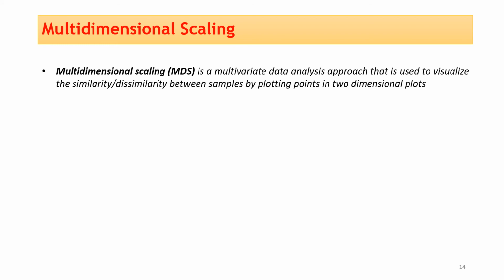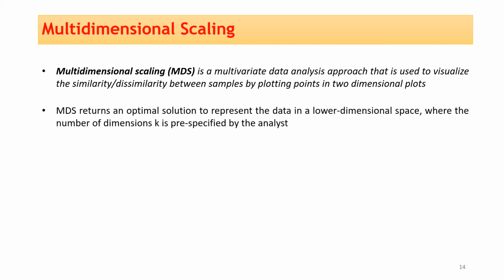Now the multidimensional scaling or MDS is the multivariate data analysis approach that is used to visualize the similarity or dissimilarity between the samples by plotting points in the two-dimensional plots. MDS returns an optimal solution to represent the data in the lower dimensional space, where the number of dimensions, that is k, is pre-specified by the analyst.